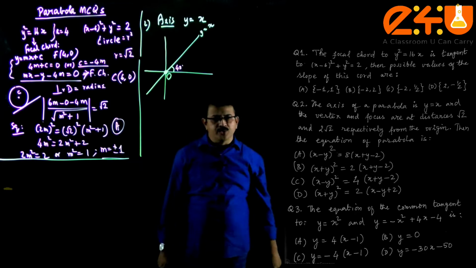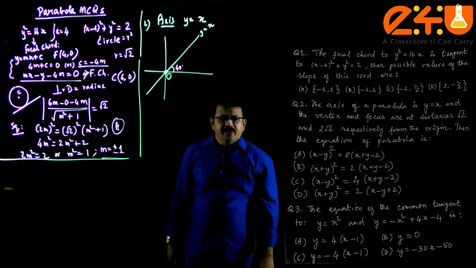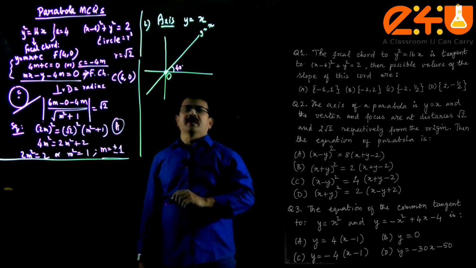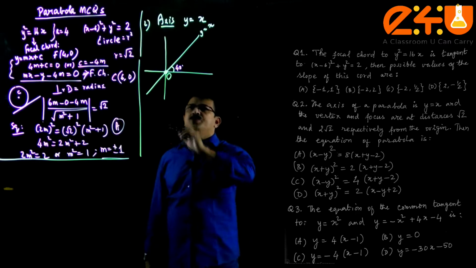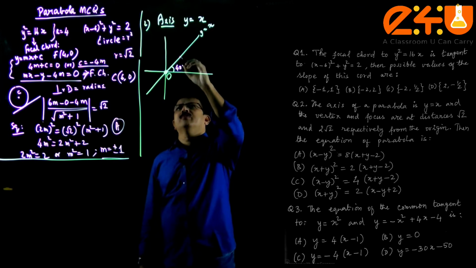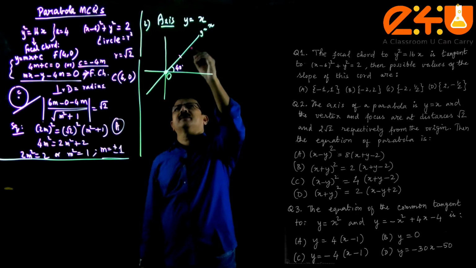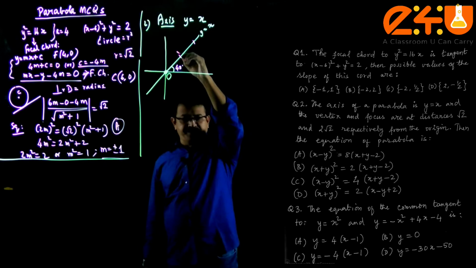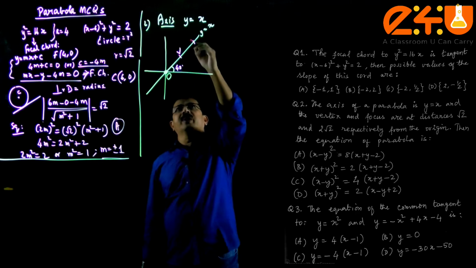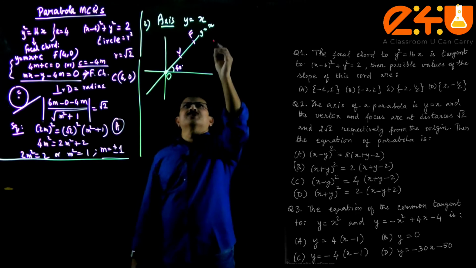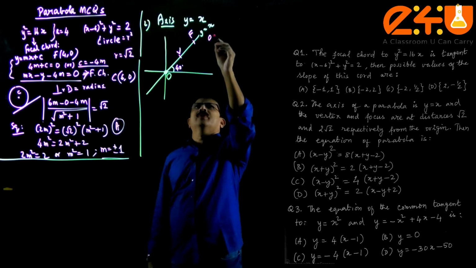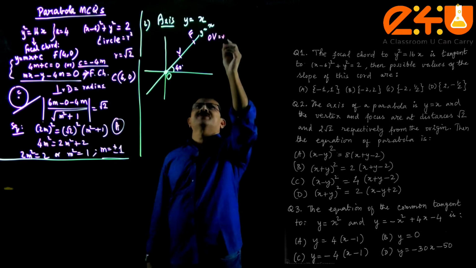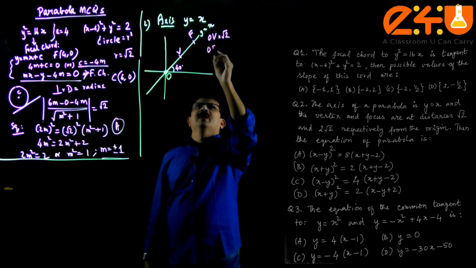And he has given you two clues. The vertex and focus are at distances root 2 from origin. From the origin, let me mark the two distances. Okay, vertex and focus. So he has given you the clue. Origin to vertex is root 2 units.